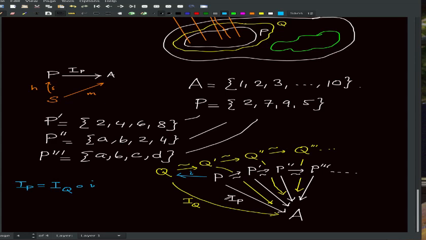So here is a nice way, and this composition is actually telling us something. It is telling us this smallness. So let's see.